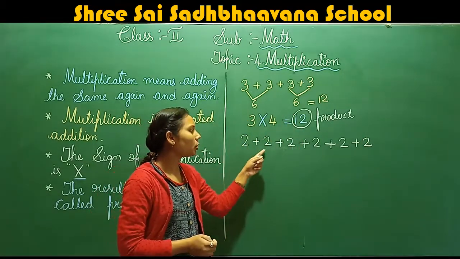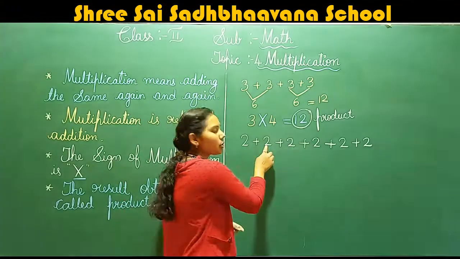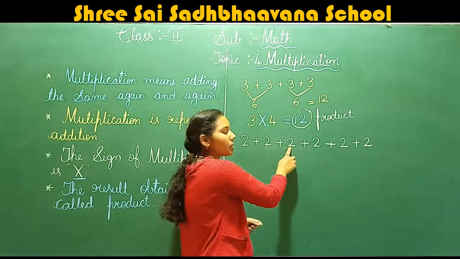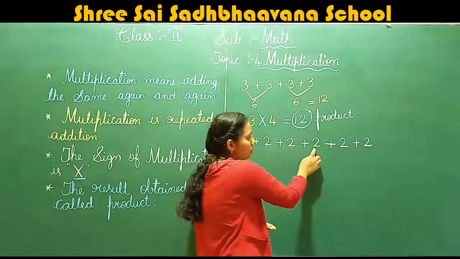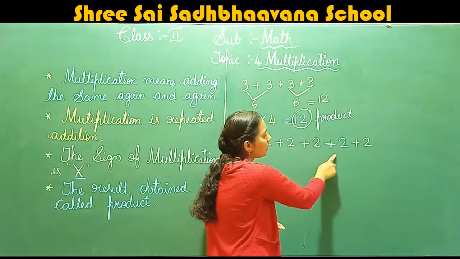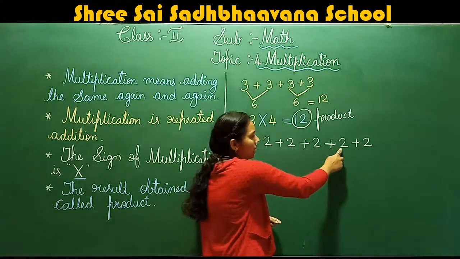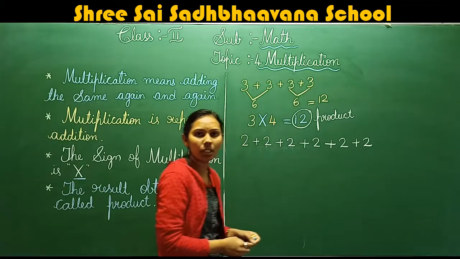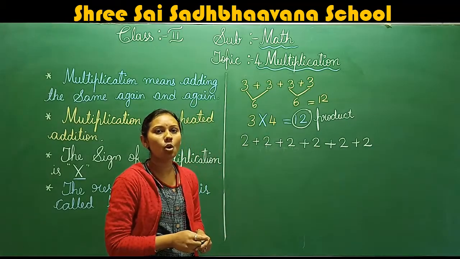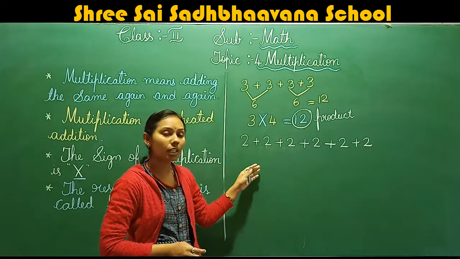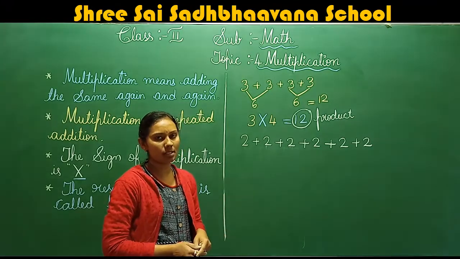See children, if you want to add this, 2 plus 2, 4. 4 plus 2, 6. 6 plus 2, 8. 8 plus 2, 10. 10 plus 2, 12. So it will take a long time to add this.